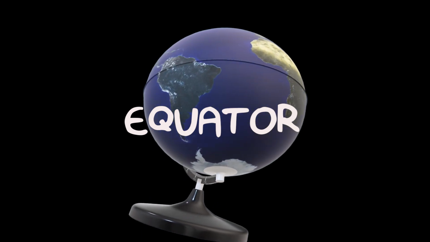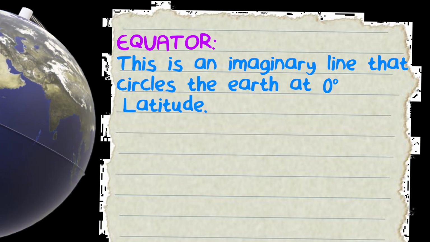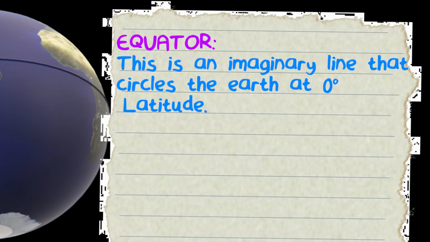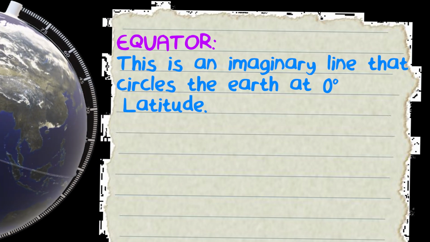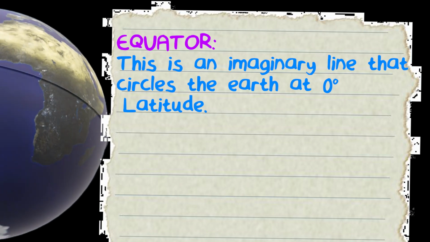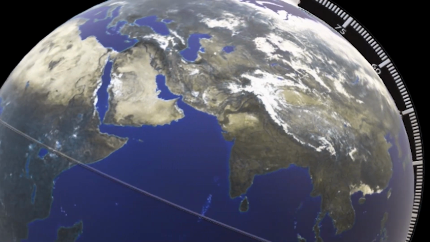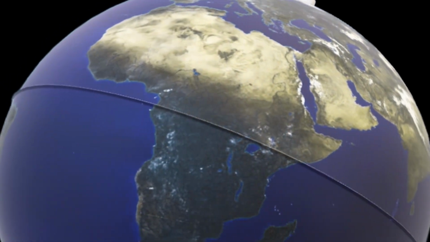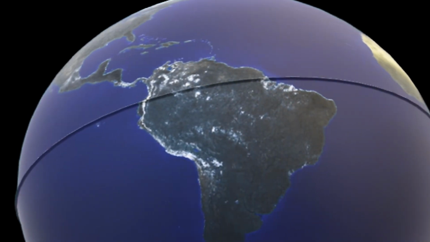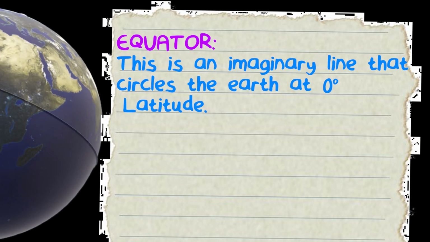I'm pretty sure that you've gotten it right. Well, just for the sake, the equator is simply an imaginary line that circles the Earth at 0 degrees. If we look closely at the globe that we have here, our 3D representation of the Earth, the line that cuts our globe at the center, or at the middle, is what we refer to as our equator.